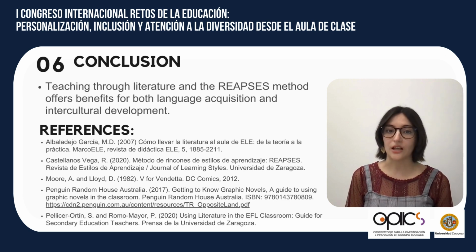By using the reaccess method to adapt activities to the specific needs of all students, teachers can create inclusive and attractive learning environments, which allow students to develop not only their linguistic competence, but also their critical thinking, intercultural competence, empathy, respect towards each other, and so on.